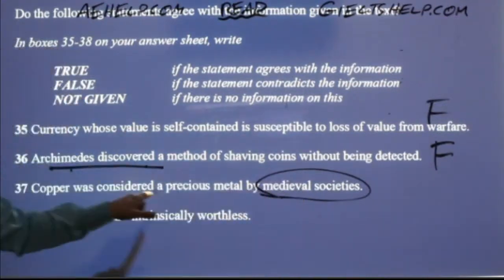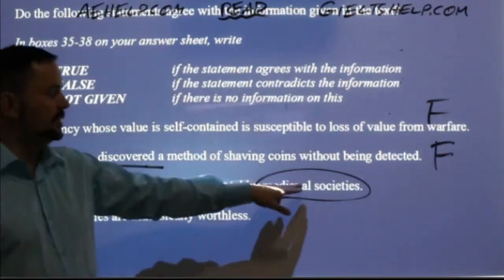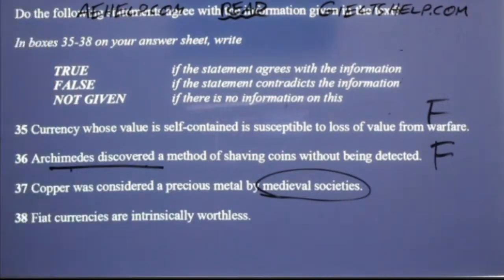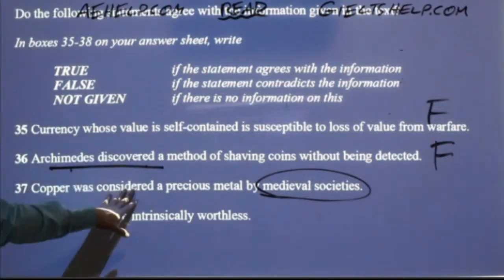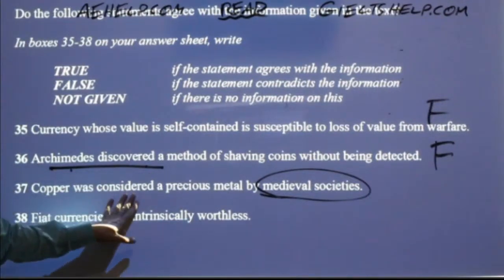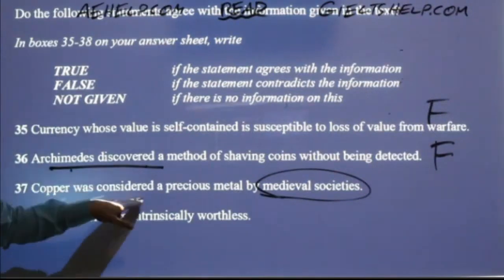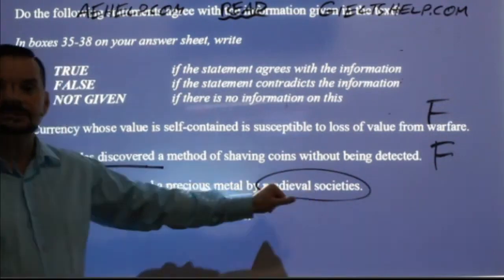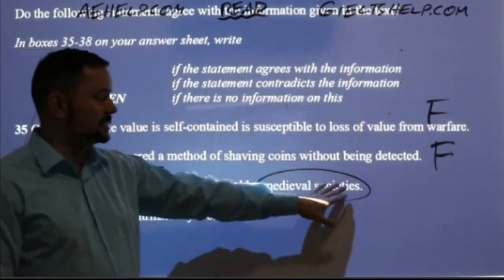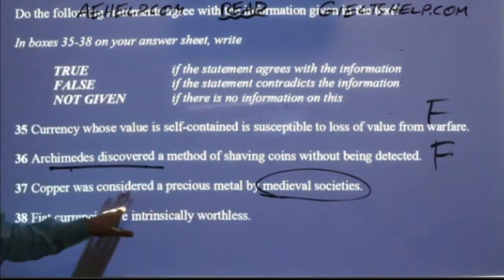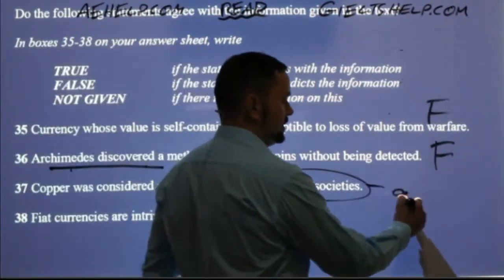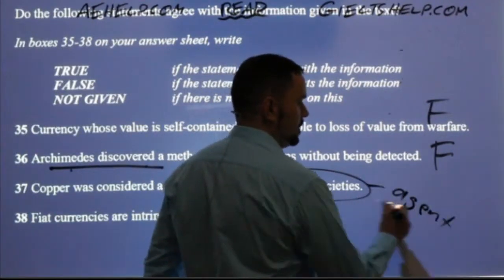Medieval societies are considering copper. So medieval societies are the doer of the action. This is a passive sentence, right? So copper was considered, it's passive voice. Careful with passive voice, okay: the agent of the action is medieval societies. So medieval societies are doing the action of considering, okay? So everybody sees that it's called the agent of the action.